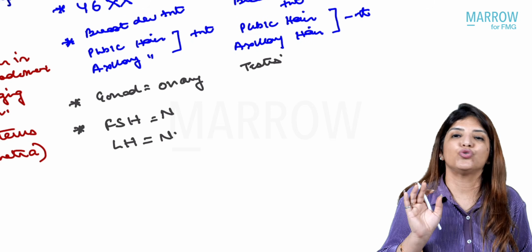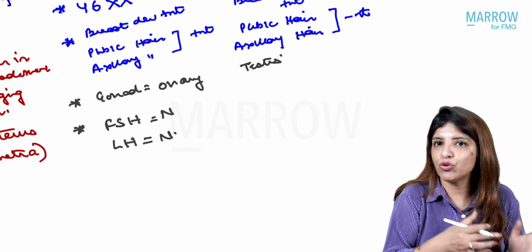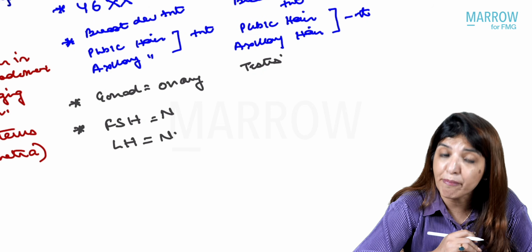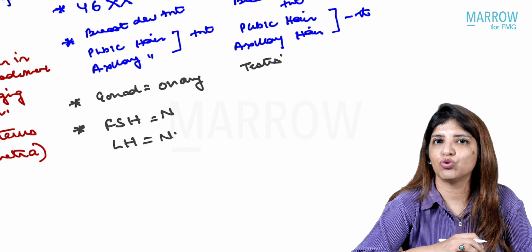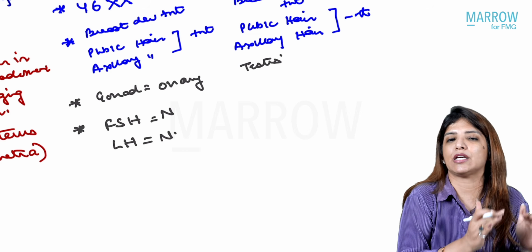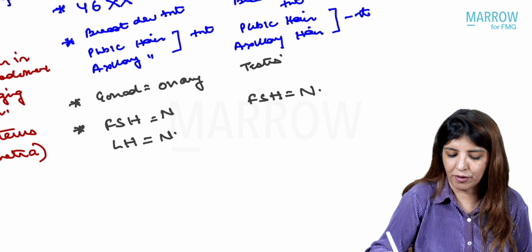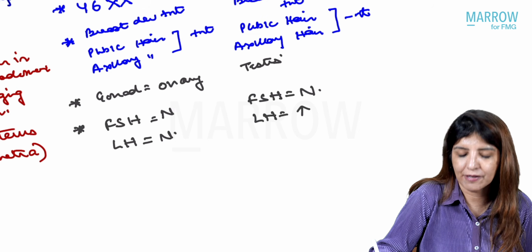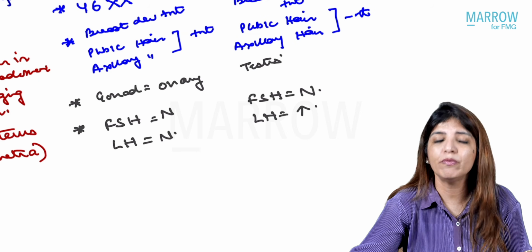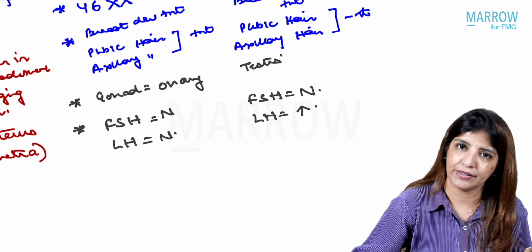As of now, if you want a trick to remember, in androgen insensitivity syndrome, the levels of LH and FSH are similar to what they are in PCOS. So what happens in PCOS? In PCOS, FSH is normal, LH is increased, right? Similarly, in androgen insensitivity syndrome, FSH values are normal and LH values are increased, right?